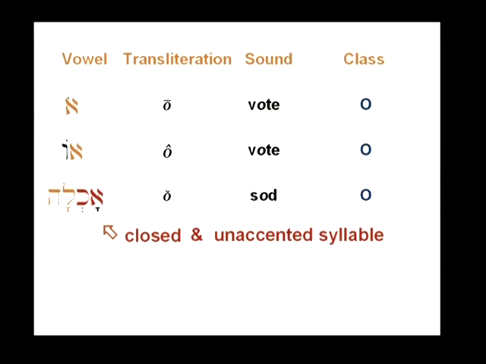Komets hatuf is the komets occurring in a closed, unaccented syllable, and it represents an original O or an original U. And therefore it's called a komets hatuf, and it's pronounced as the O in God, so that it is not ah as in komets. It's not O as in holem.